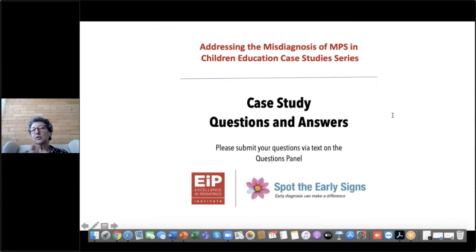So it's important not only for severe patients but also for attenuated patients. If you have a patient with otitis media every month who needs tube insertion and it didn't work, you need to think about an MPS diagnosis.